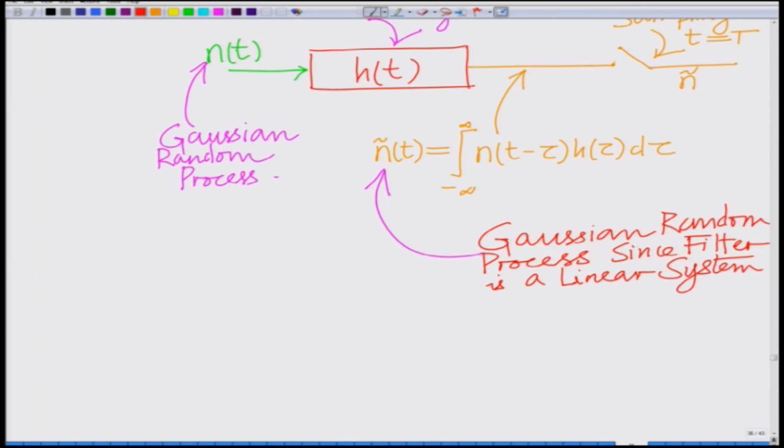Remember, when the random process is Gaussian, the joint statistics at all times are Gaussian. In particular, at any time instant the noise sample is Gaussian, and if you consider the sample at t equal to capital T, that is also Gaussian, and being a single sample, it is a Gaussian random variable.